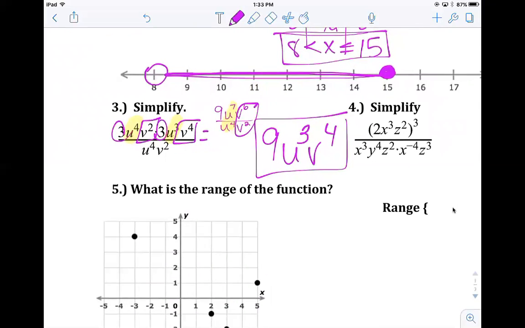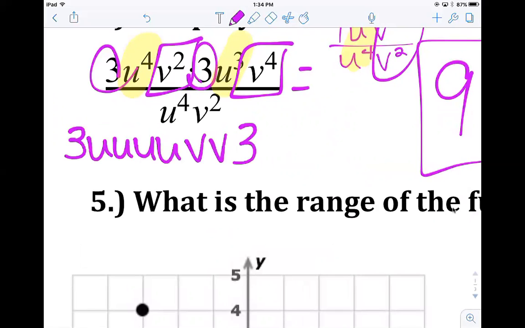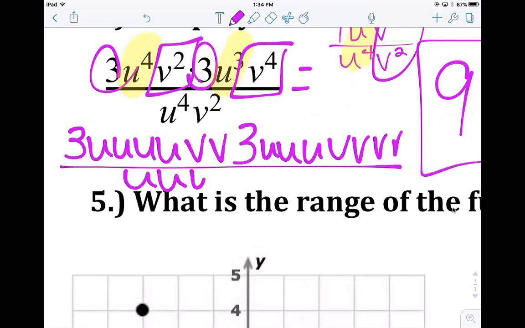If you would rather write this out, and this is how we started the class when we did the exponents, you have a 3, a u 4 times, a v 2 times, another 3, u, v, v, v, v. On the top, 4 u's on the bottom, and 2 v's on the bottom. So when we started this in unit 1, we had said that, okay, whatever's on the top and the bottom, you can cross out.